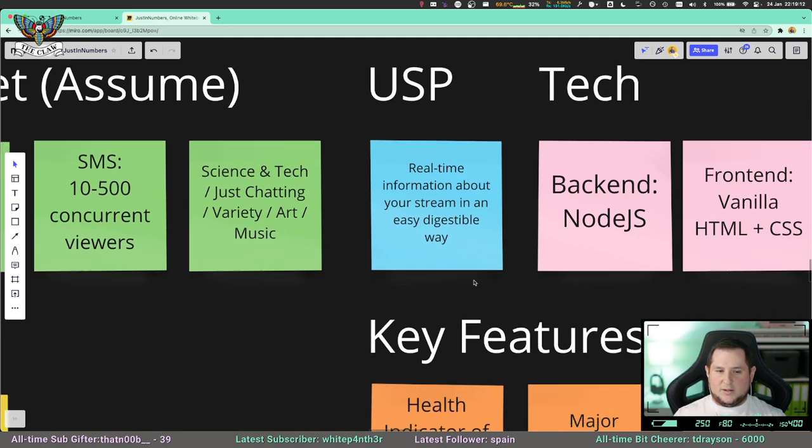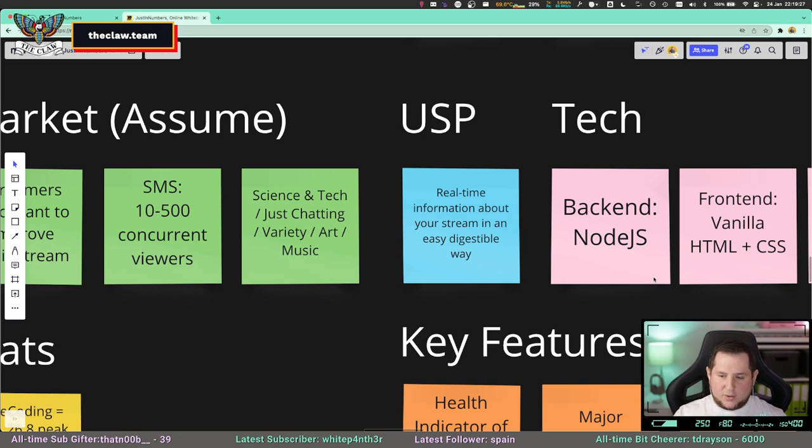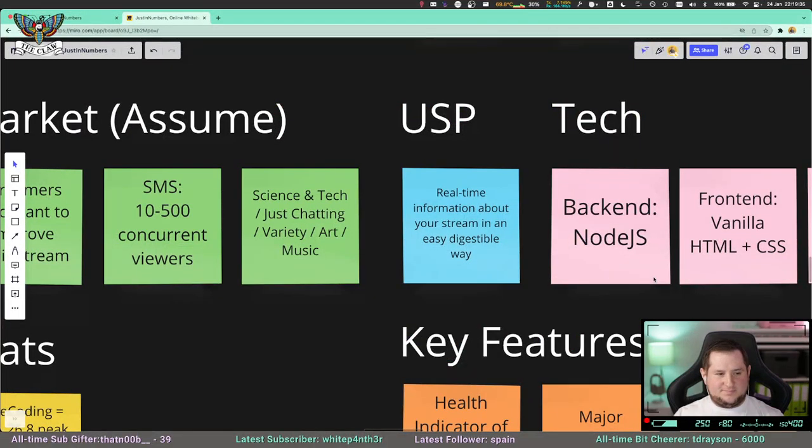that it basically, for me, comes down to, wow, that Bermuda is so bright. Look at that. It's almost like 90 million lumens bright. I'll get to this in a second. Thanks, Panther.